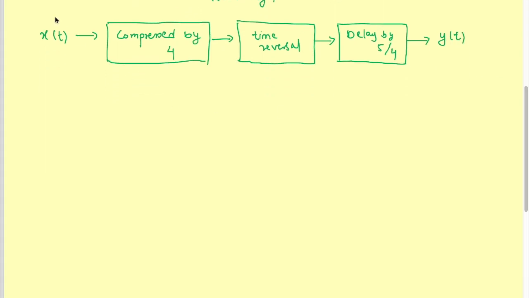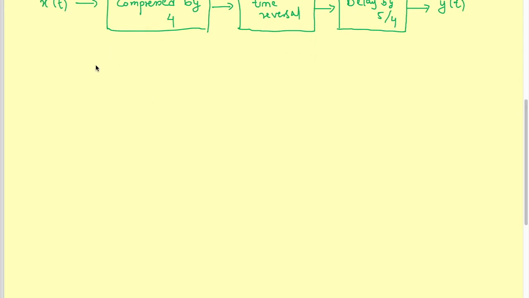Okay, so this is my x of t. It is from minus 1 to 3. This is 1 here, this is t, this is x of t.